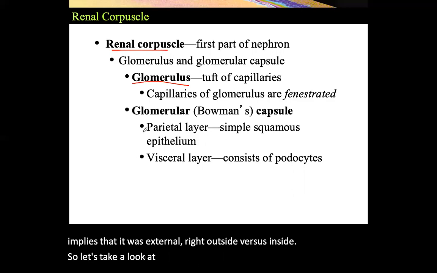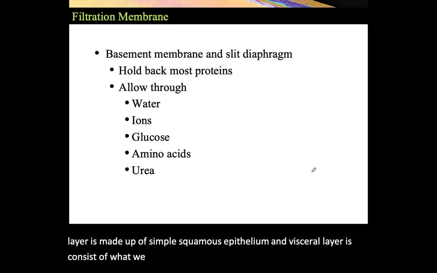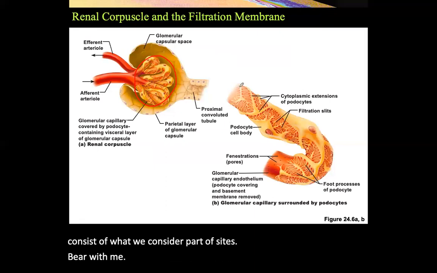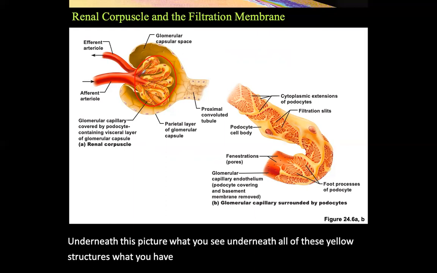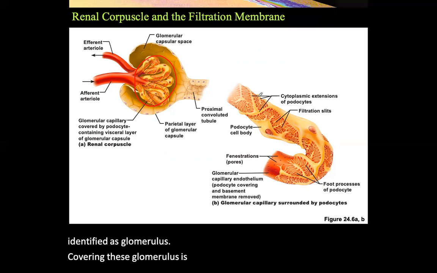Now, before I go there, the parietal layer is made up of simple squamous epithelium, and the visceral layer consists of what we consider podocytes. So bear with me. Underneath this picture, underneath all of these yellow structures, you have your capillaries, which we identified as the glomerulus. Covering this glomerulus are these yellow structures, which are kind of like alien cells.